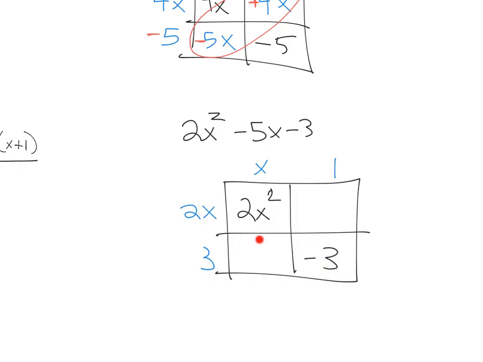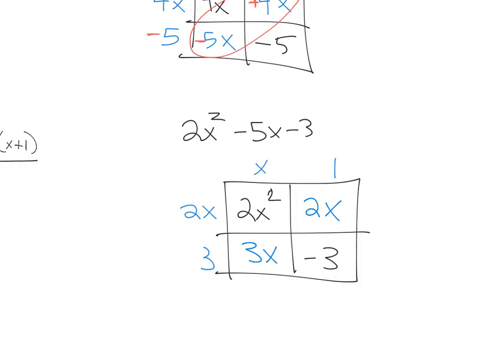So when I find our internal terms, we get 3x and we get 2x. And remember, we don't need to worry about the signs at this point.